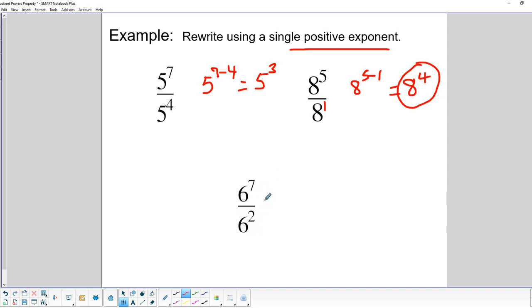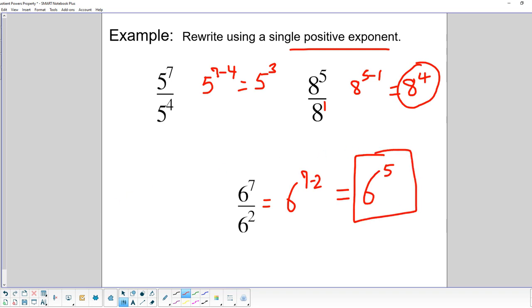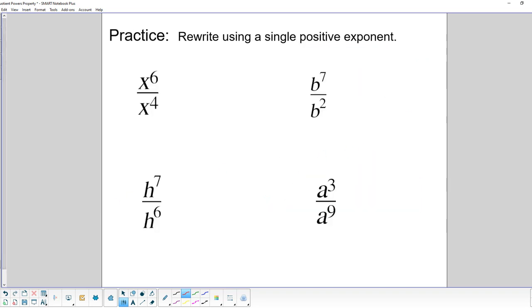All right, down on this next one, 6 to the seventh over 6 to the second. That would just be 6 to the 7 minus 2 power, which simplifies to be 6 to the fifth power. Okay, let's keep it going.